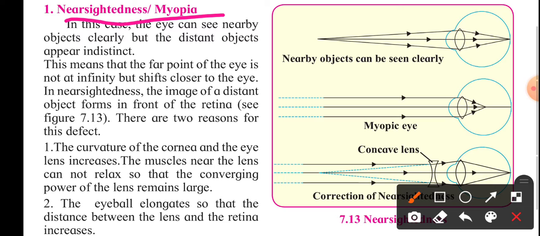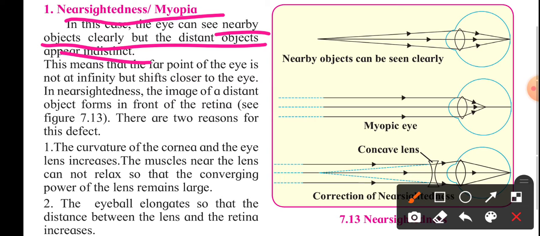In this case, the eye can see nearby objects clearly, but distant objects appear indistinct. This means the person is able to see near objects clearly, but if the object is a little far from the person, he will not be able to see it clearly.